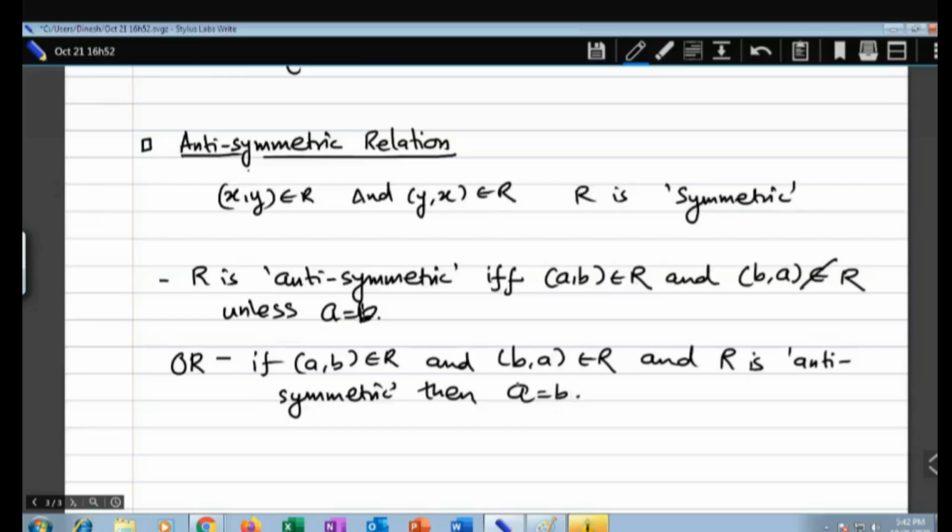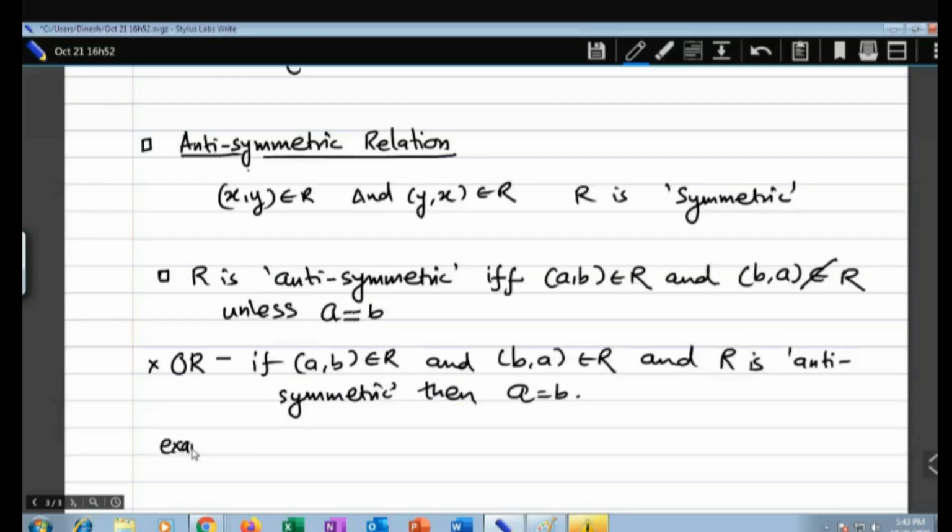Are you getting this? Here we have written that (a, b) is in R and (b, a) is not in R, unless a is equal to b. So if (a, b) is in R and (b, a) is in R, it means that a is equal to b. Maybe you can consider this definition: if it is anti-symmetric, then (a, b) must be there, but (b, a) must not be there.